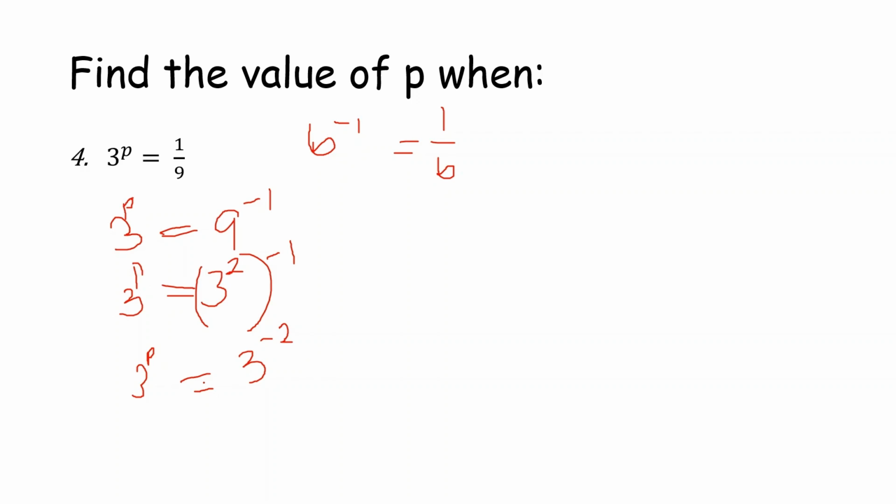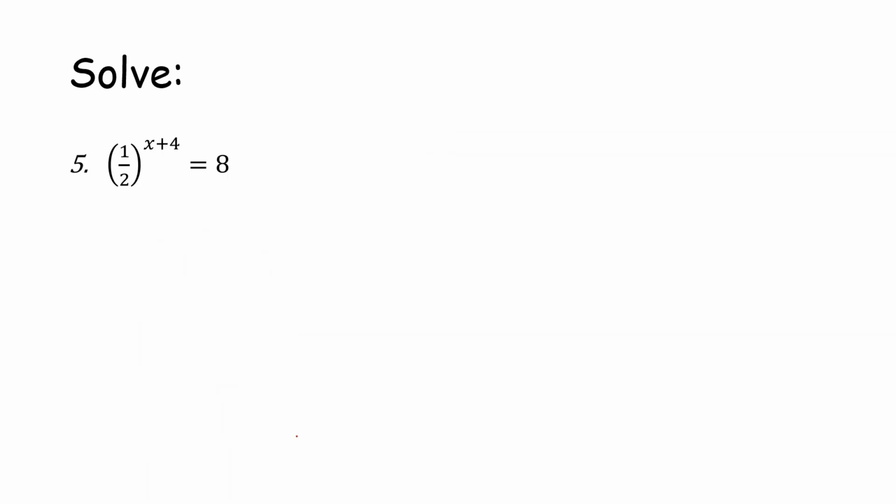What you're going to do right here is to break down these bases. The bases are the same, so you're going to break them down and carry the power, equate them. So this is going to give you p equals minus 2. Oh, math is easy. All right, let's move to number 5, which is our last example.